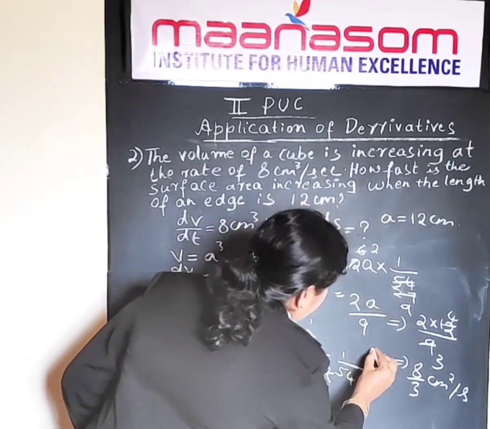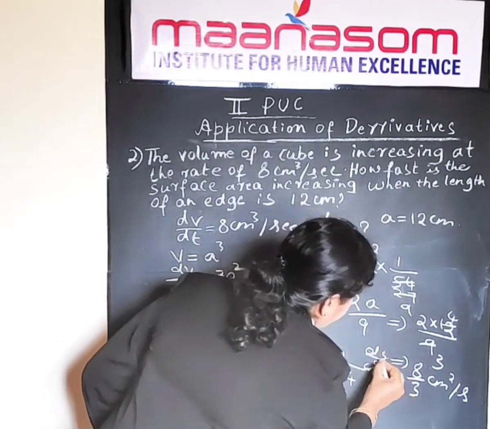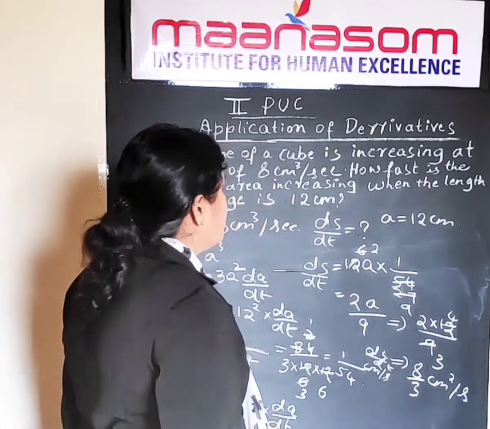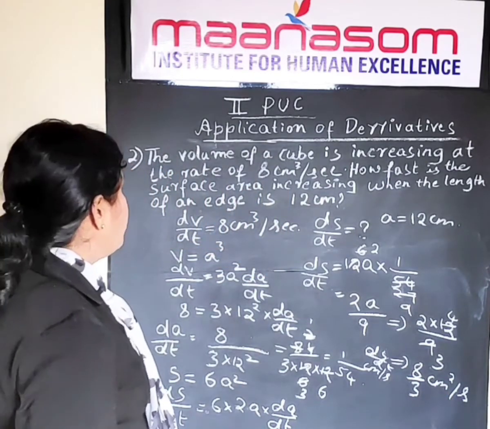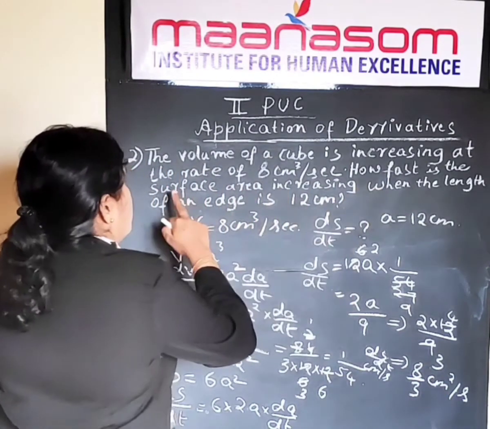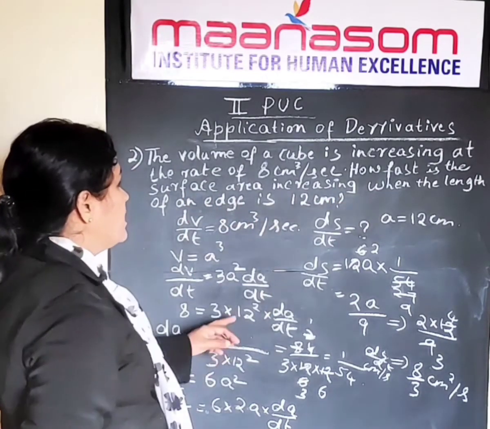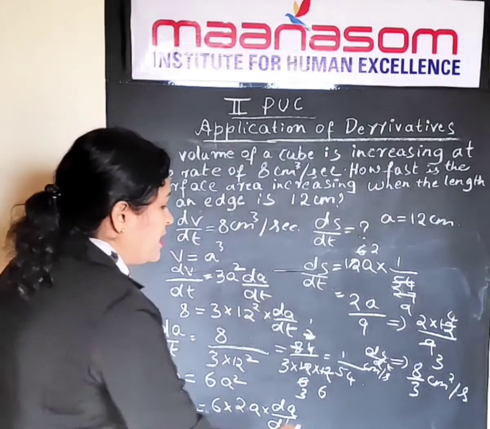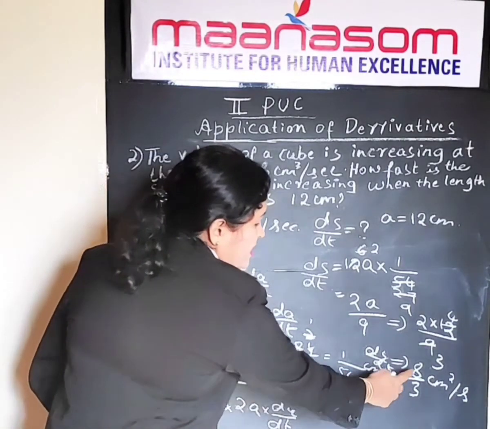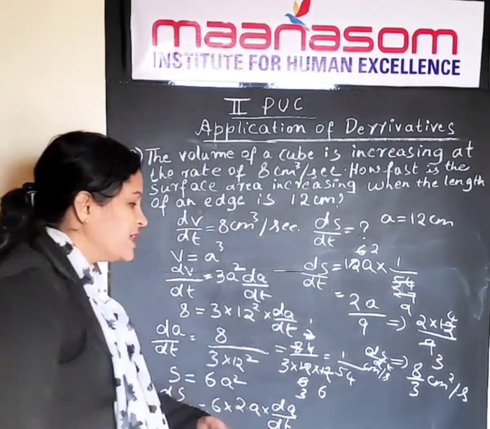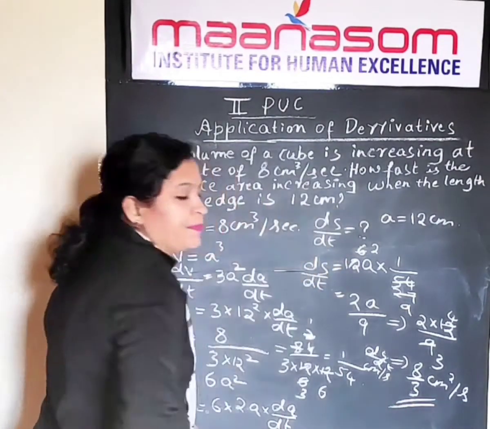So that is ds by dt. So our ds by dt will be 8 by 3 centimeter square per second. So therefore, how fast is the surface area increasing when the length of an edge is 12 centimeter? The surface area is increasing at the rate of 8 by 3 centimeter square per second. So that is the final answer.